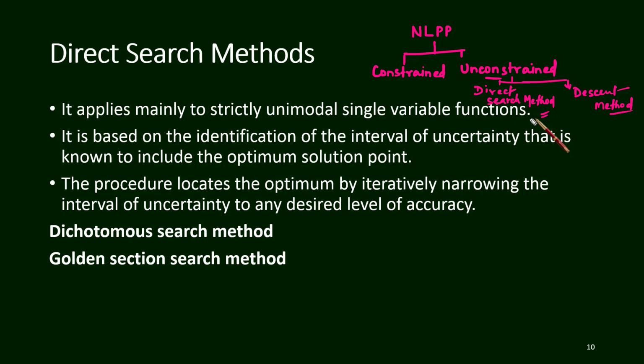So direct search does not involve any derivatives. We don't require to calculate f'(x) or f''(x). These are not required in case of the direct search method. But in case of the descent method, we need gradients, or you can say the derivatives.